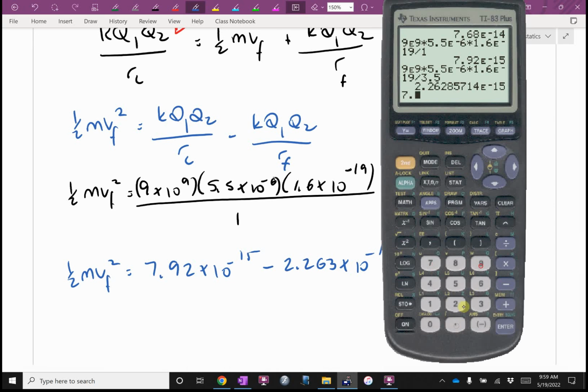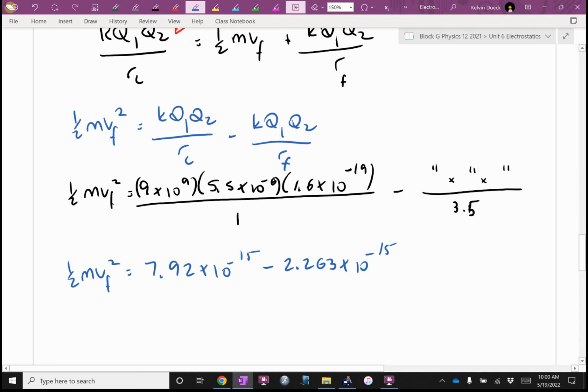It's going to be 7.92, scientific notation, negative 15, minus answer button. And I get 5.657 times 10 to the negative 15.